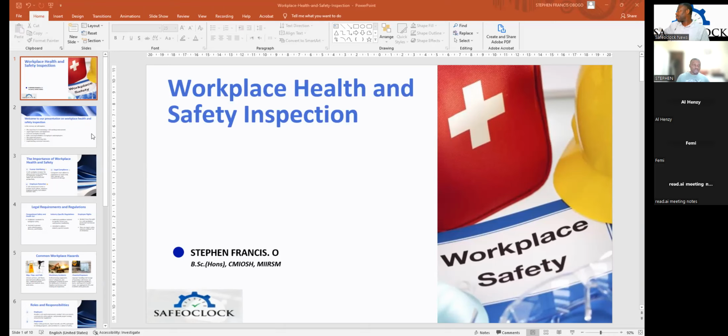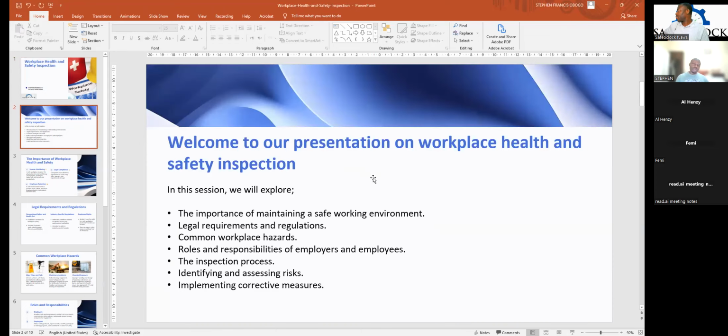So this topic today, we try to explore some certain areas regarding workplace health and safety inspection. We touch light on the importance of maintaining a workplace working environment. And also we look at the legal requirements, the common workplace hazards, and the roles and responsibilities of employers and employees.